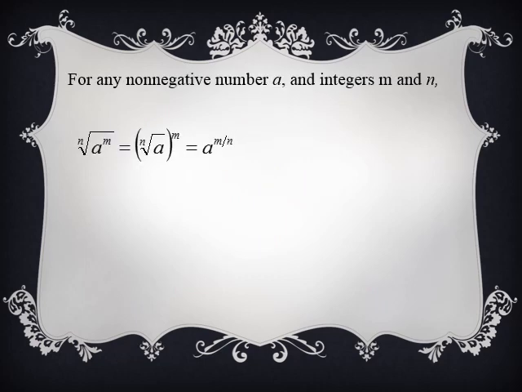For any non-negative number a and integers m and n, radical a^m with index n is equal to a power m over n. Example: b power 2 over 3, where 3 is the index, so it is radical b squared with index 3.